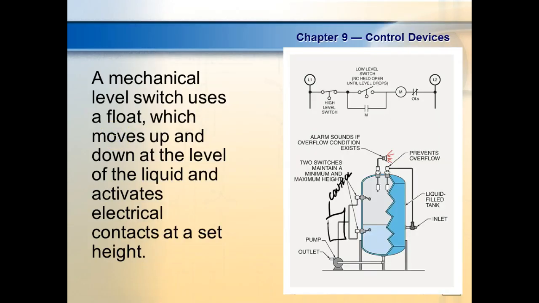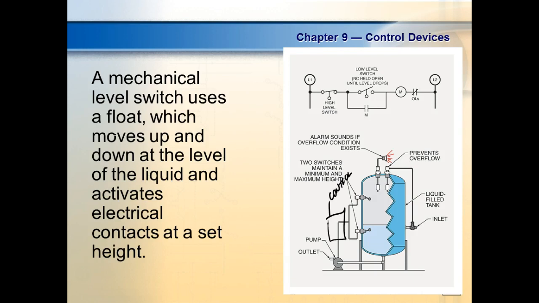So float switches check the level when it's at a certain level because it's a switch, right? It doesn't sense the level. So what we're dealing with are digital sensors, which means they're going to tell us when something gets up to a certain value. So a digital temperature sensor would tell us when we got up to a certain temperature or got below a certain temperature.